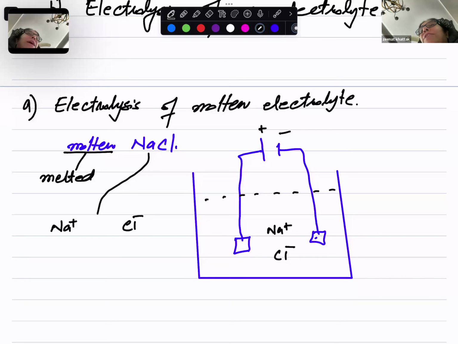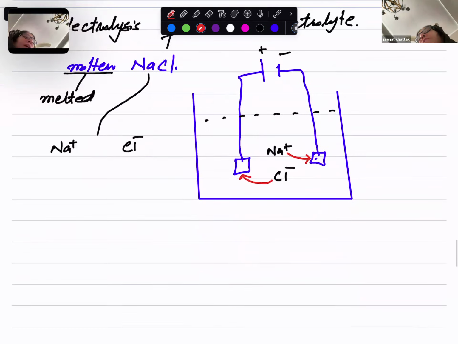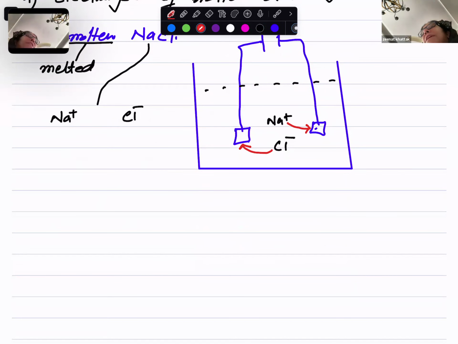The electrodes are made up of either graphite or platinum. So what will happen? Na plus will go to cathode. Chloride will go to anode. Now, as you know, there should be a reaction. So what is the reaction at cathode?